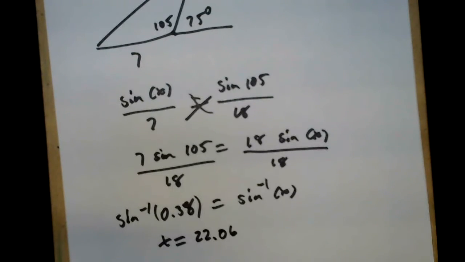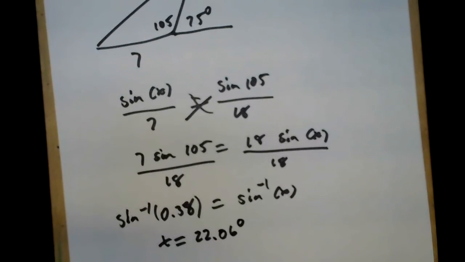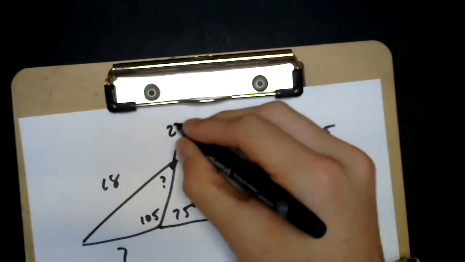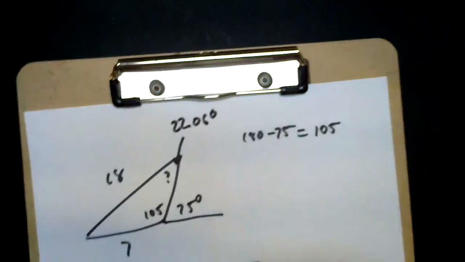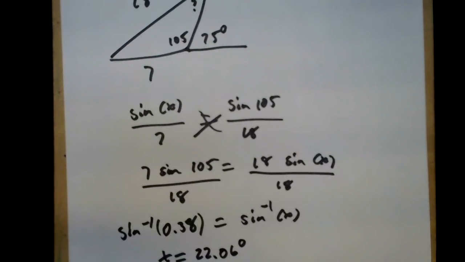If you get relatively close, you're good. So, because of that, now this is 22.06 degrees. Then, like we did before, you can check it. Basically, I know that's correct.